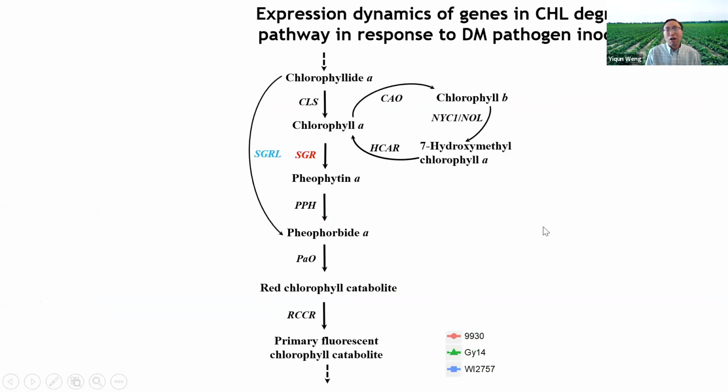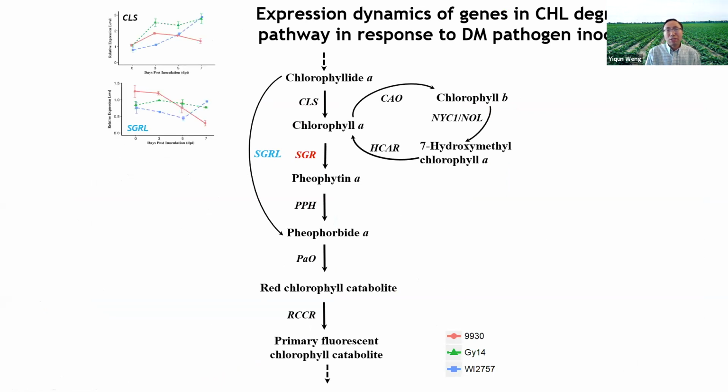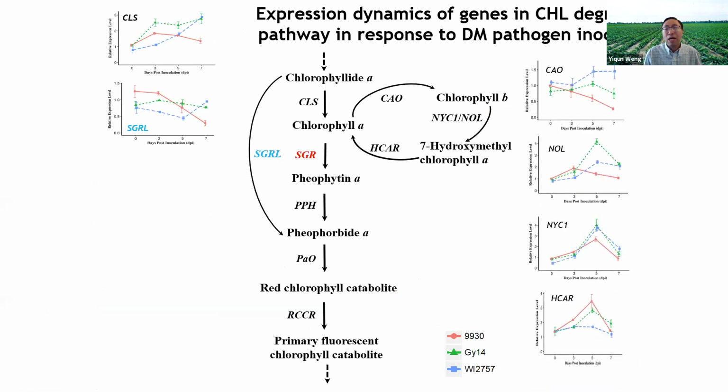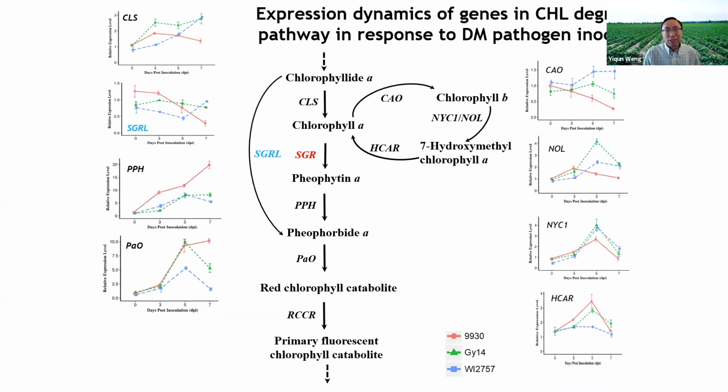And we examined all the genes in the chlorophyll degradation pathway among 3 lines, including the 2 resistant lines and a susceptible line. You can see, consistent with the staggering, the other 2 genes downstream of the staggering gene, PPH and the PO, showed similar expression patterns, but those on the chlorophyll AB biopath show a slightly different expression pattern.